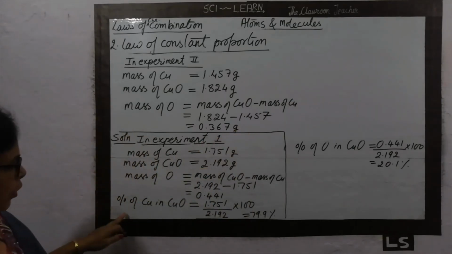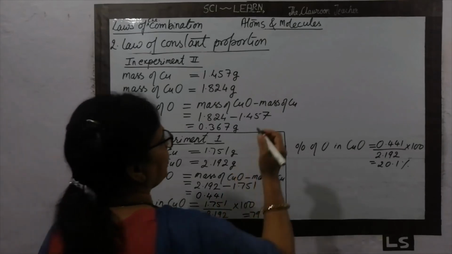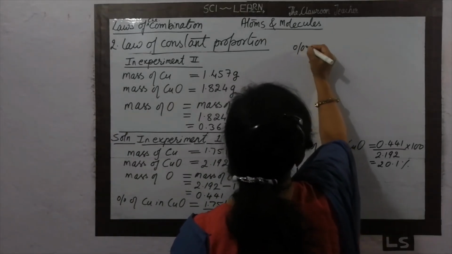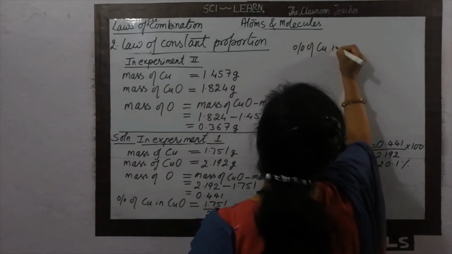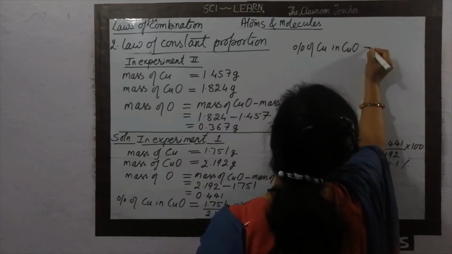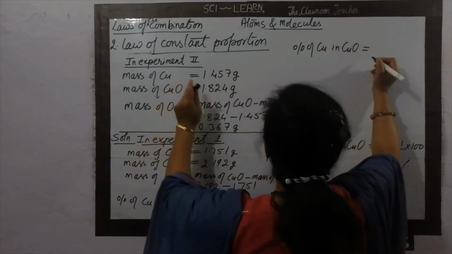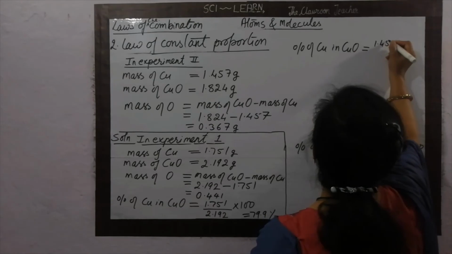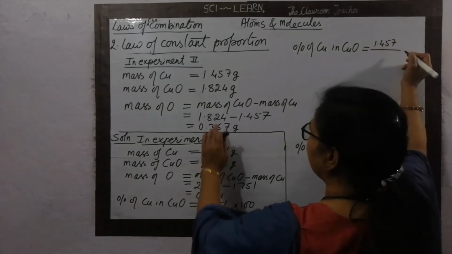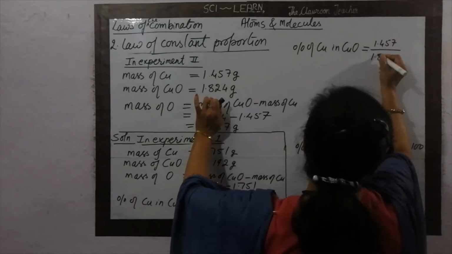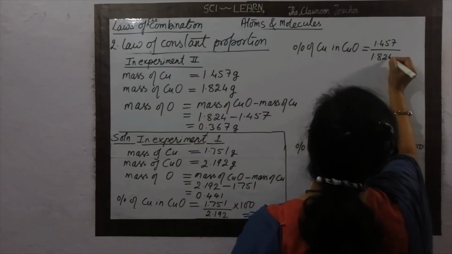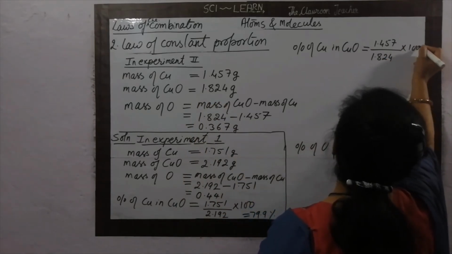Now what do we have to find out? We have to find the percentage. Now the percentage of copper in copper oxide. This we are doing for the second experiment. Now what is the mass of the copper? 1.457 divided by the mass of the copper oxide, that is 1.824, into 100. Solve it.